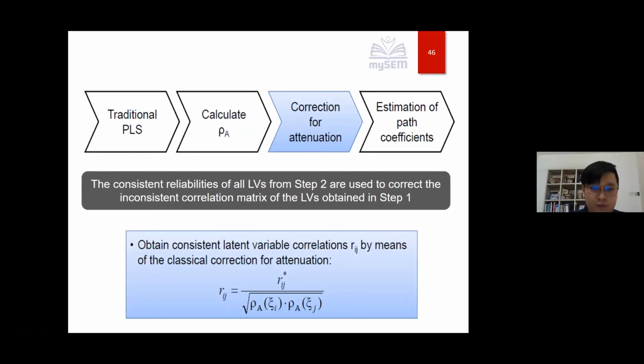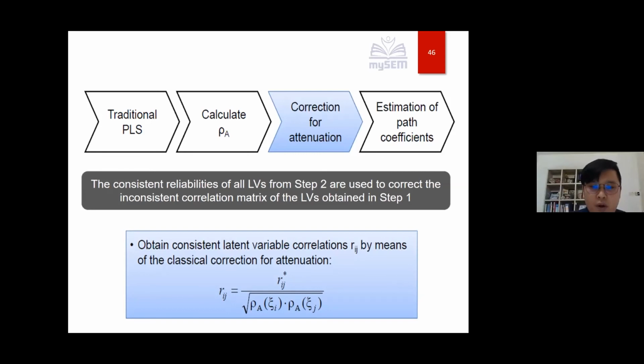And then when we move into the third step, it starts to correct for attenuation. As you have seen in this formula below, which is Rij, the correlation of XY divided by the square root of the rho A reliability of the first construct as well as the rho A reliability of the second construct.